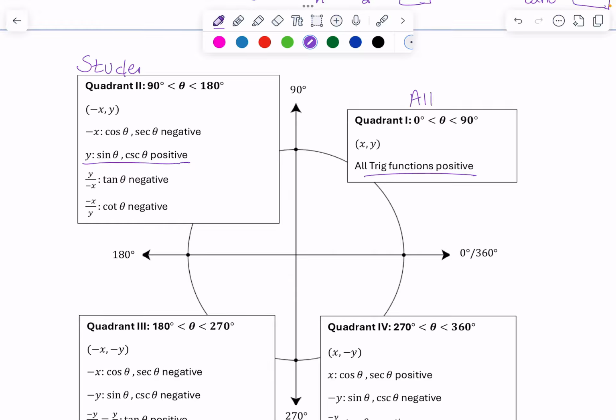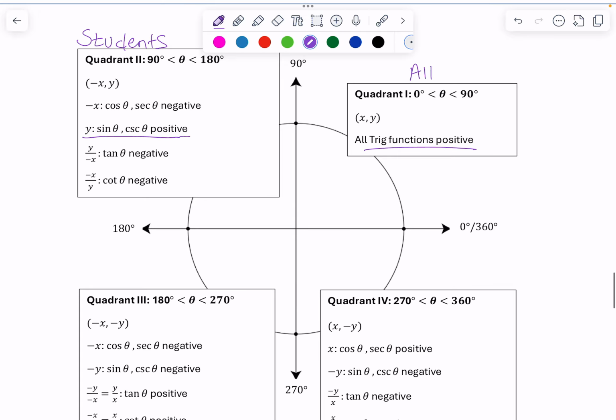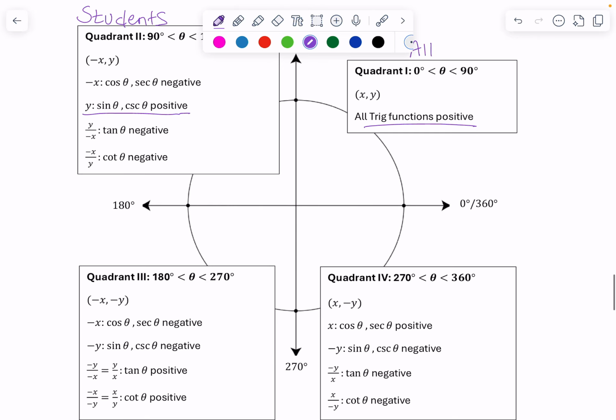Again, quadrant 2, between 90 and 180 degrees. If I go to quadrant 3, you can see that the only things that are positive are tangent and cotangent. We use the "take" here, T for tangent, because the tangent and cotangent are positive.